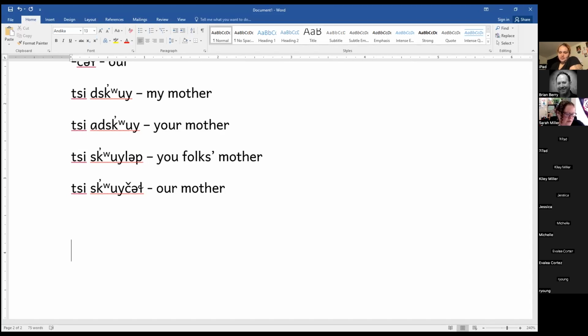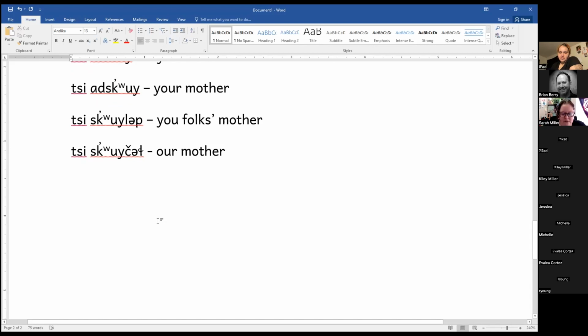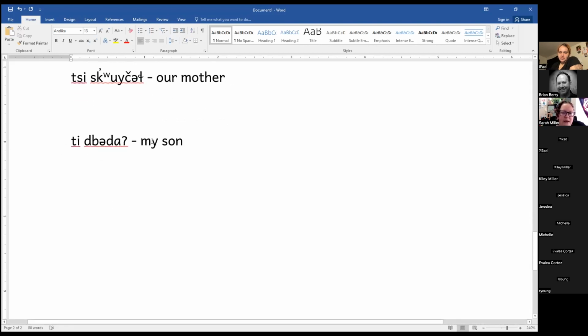So let's do these possessives with bada, and then we'll move on to the other ones. So teed bada, my son. It's important, depending on if you're referring to your son or your daughter, to have that T or that C. Teed bada.